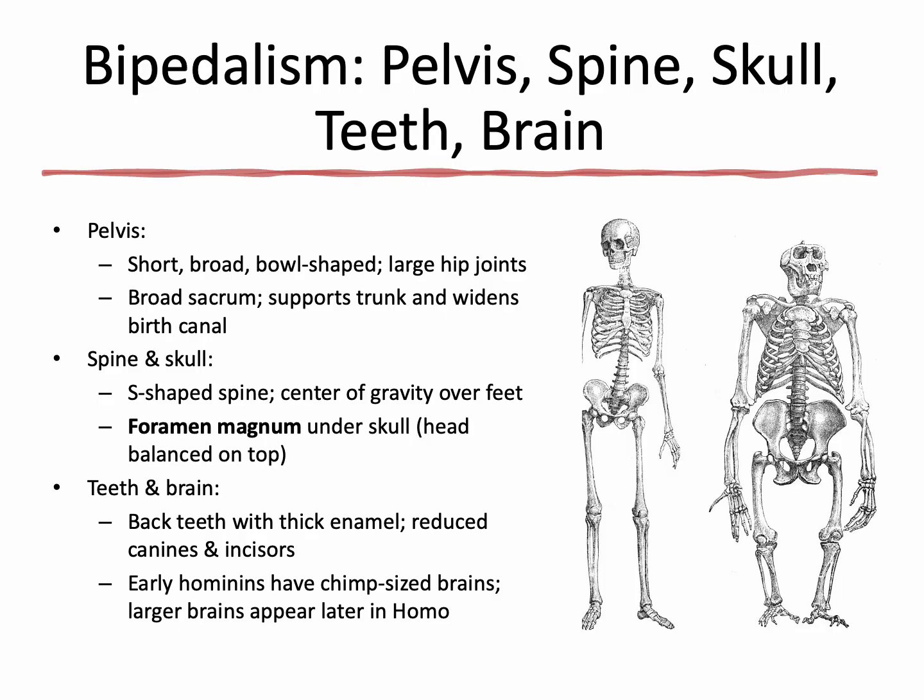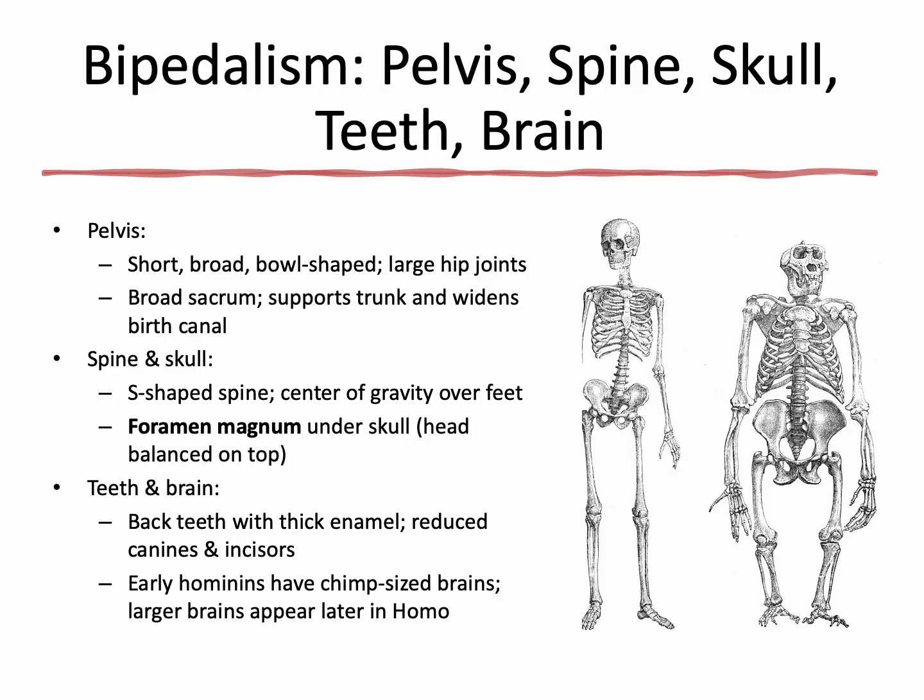Then at the top of the spine, the skull also has to be repositioned. The crucial piece here is the foramen magnum, the large hole at the base of the skull where the spinal cord enters. In quadrupeds, the foramen magnum is located toward the back of the skull because the head is held out in front of the body like a cantilevered weight.